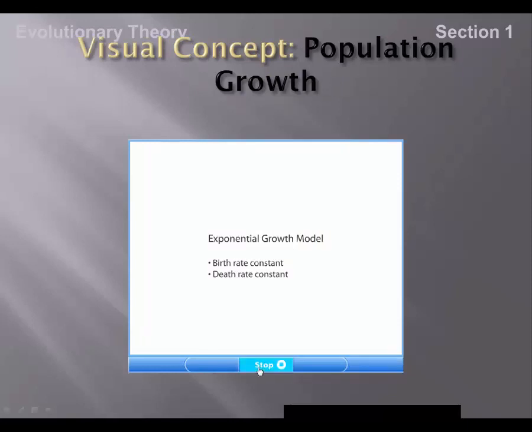The exponential model and the logistic model are two types of models used for determining population growth. In exponential growth, both birth rates and death rates are assumed to be constant. Therefore, the larger a population gets, the faster it grows. For example, bacteria might divide at a constant rate to form new bacteria.